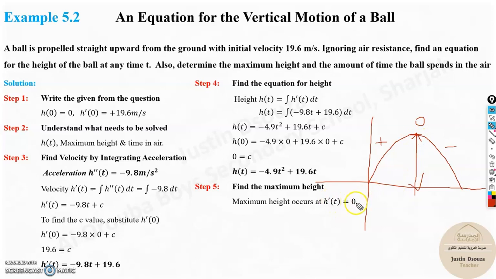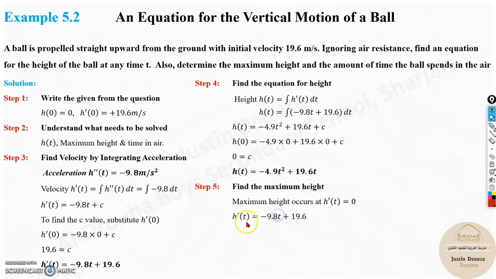Always remember h dash of t must be 0 for the maximum height to occur. Because it goes up, up, up, and when it is 0 over here, the velocity is 0, the slope is 0, that is h dash of t is 0. Here, the maximum height occurs. I hope this is clear.